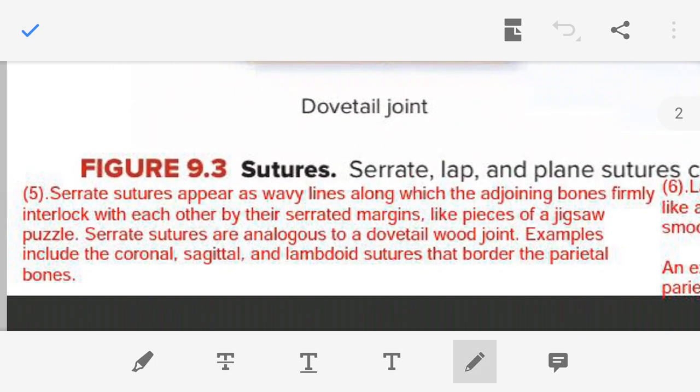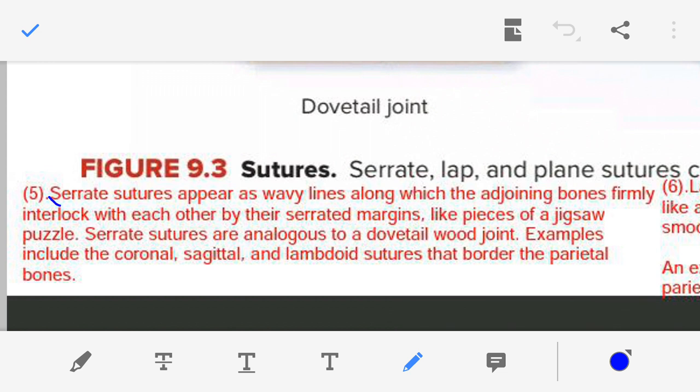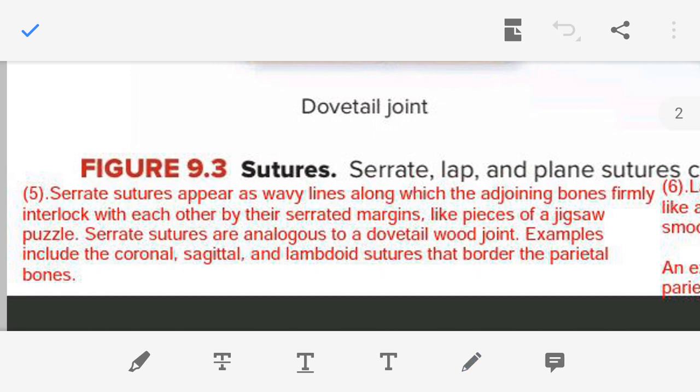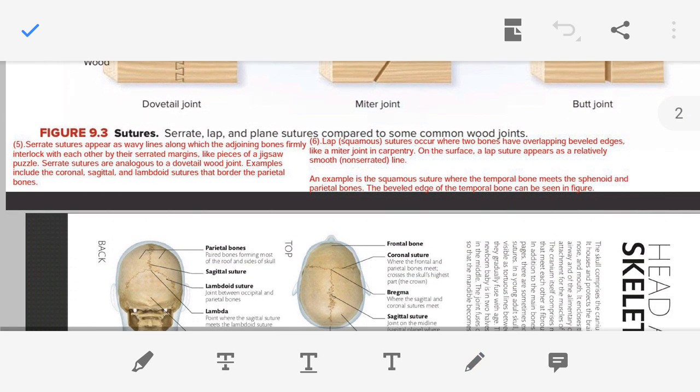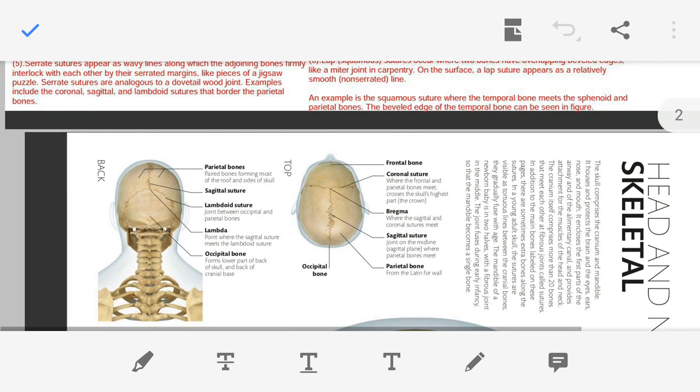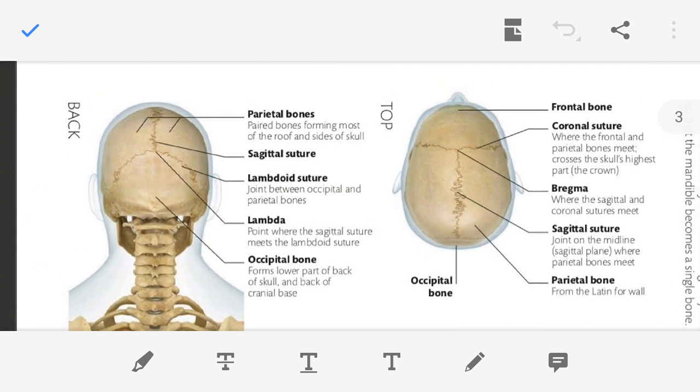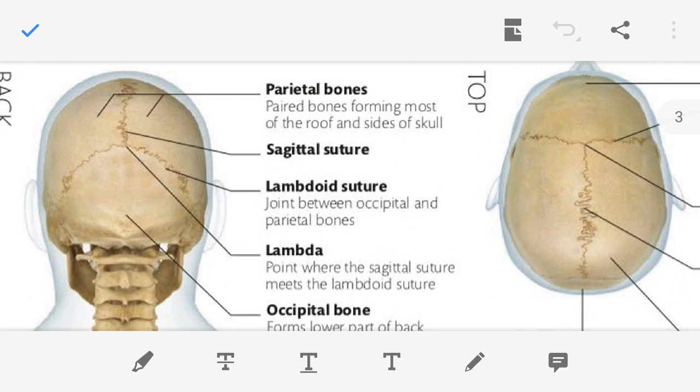Now the examples of the serrate suture. So coronal, sagittal and lambdoid sutures are the examples of serrate suture. So I am showing you the lambdoid suture, for example.